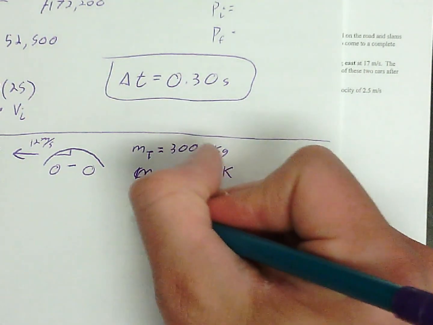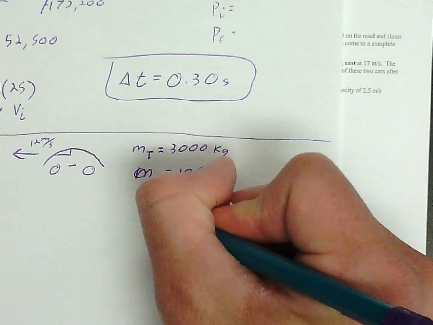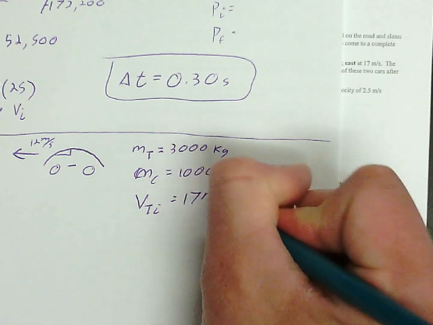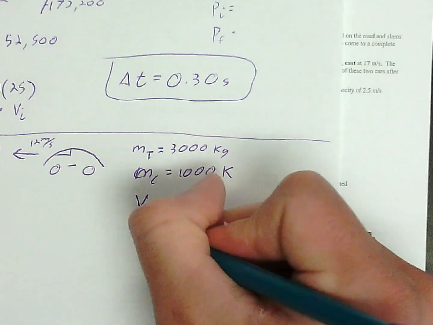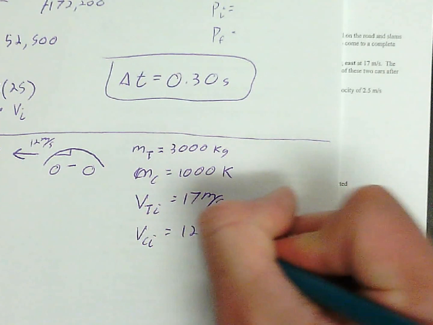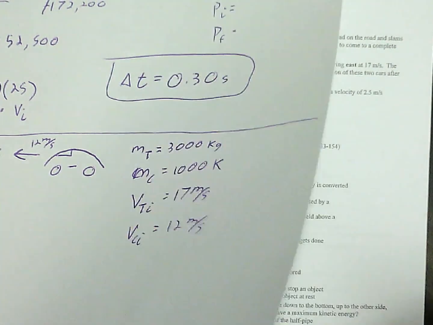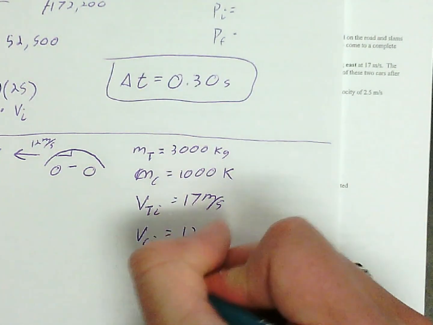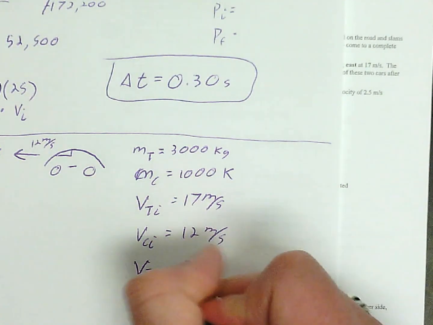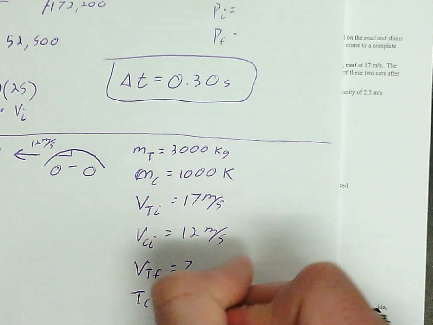The truck is initially going at 17, so v truck initial is 17. The car initial is 12. And then they stick together, so I don't know the final of the truck. I don't know the final of the car.